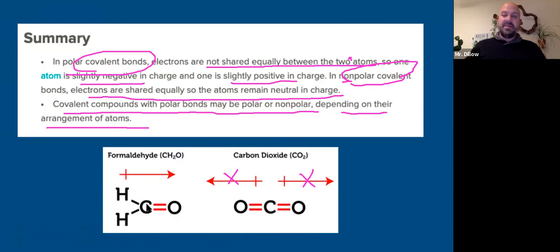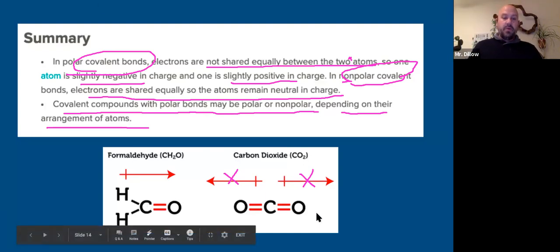It's not symmetrical. It would be symmetrical if you flipped it this way, right? Still the same shape if you flip it vertically, but if you flip it horizontally, it would look different. The oxygen would be on one side instead of the hydrogens. So there's a net dipole there.